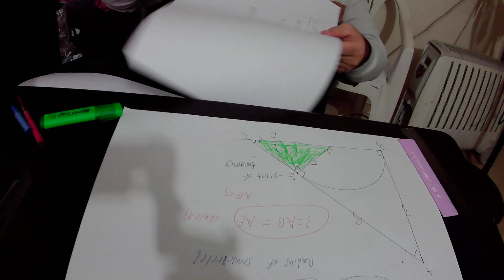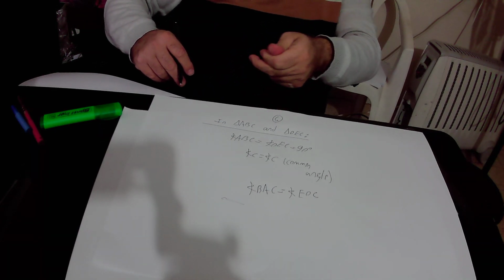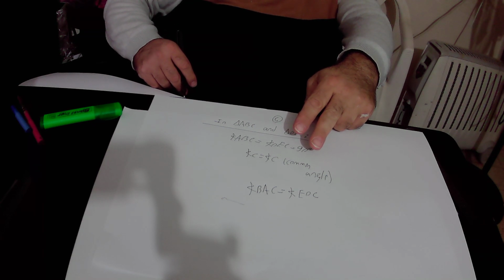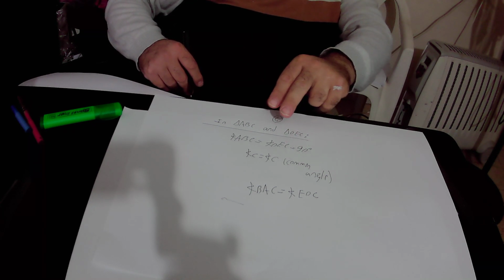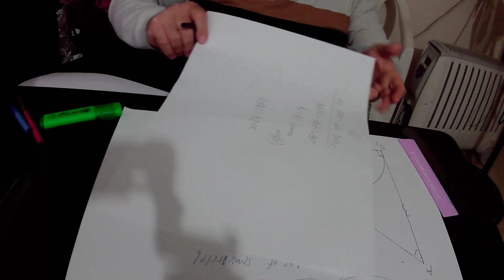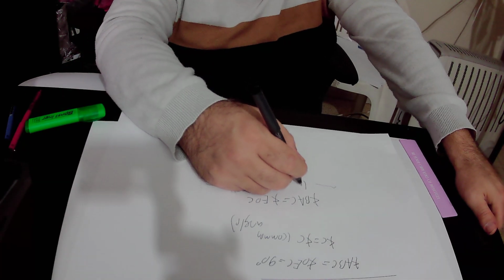I'll repeat again. Angle BAC of triangle ABC equals angle EOC of triangle OEC, and they are equal to each other according to the third angle theorem.